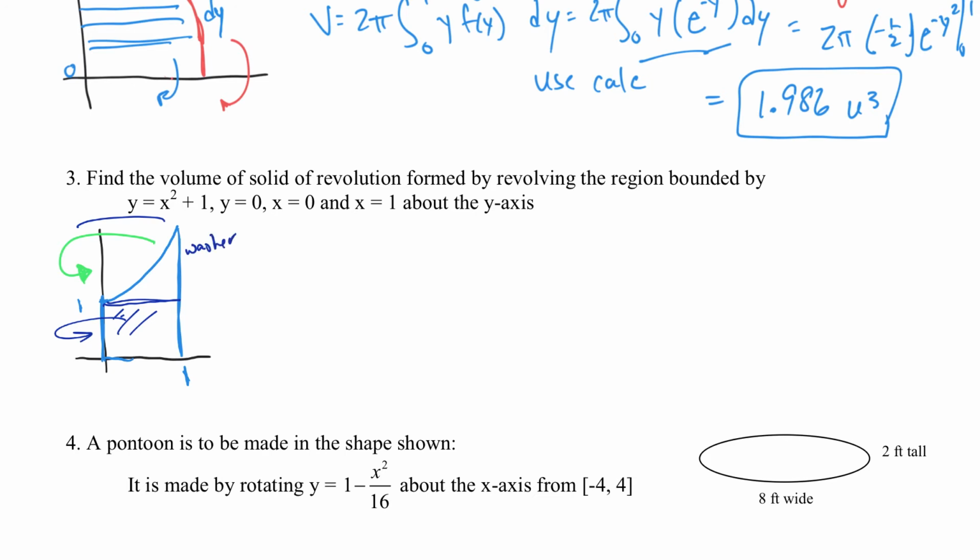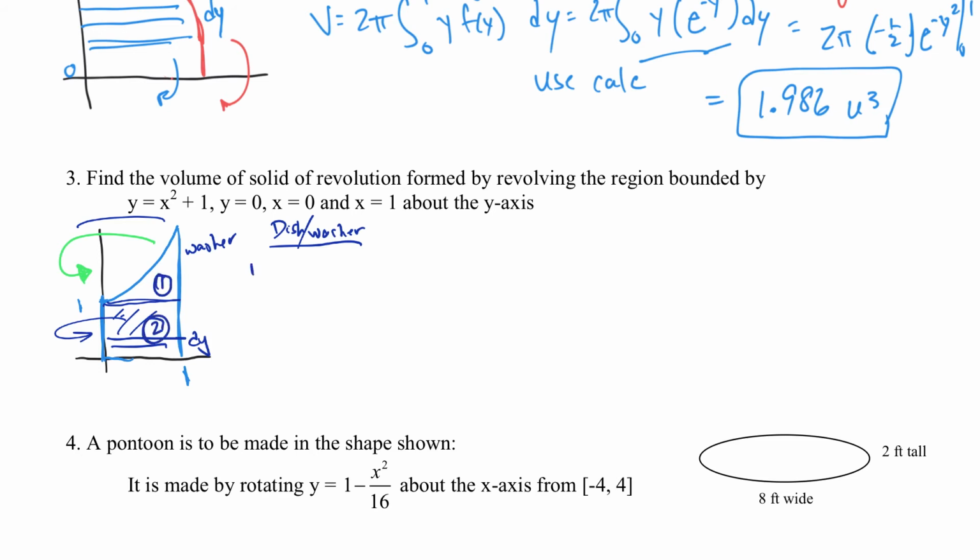Since I'm going around the y, these would need to be dy. So this will be the disc washer method, and I would need these to be dy, so I need these in terms of y. I'm going to call this one region 1, and this one region 2.